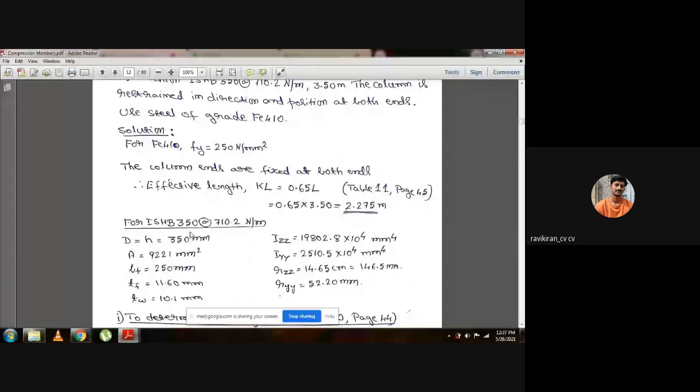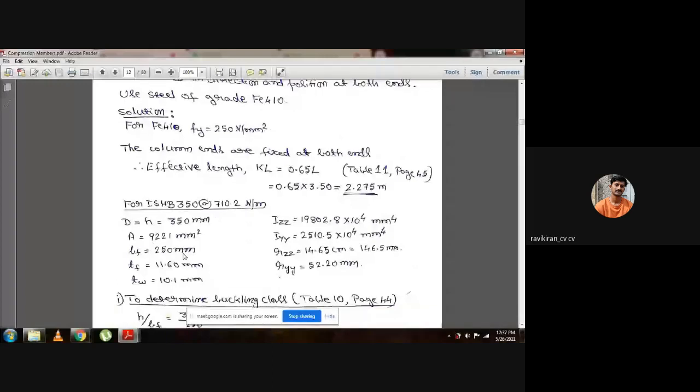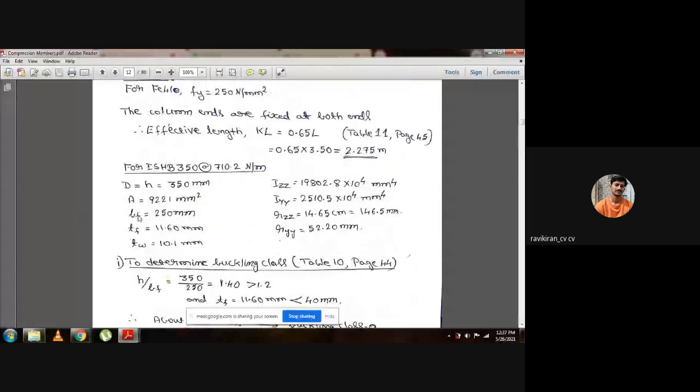And after that, based on ISHB 350, looking into the steel table, we have noted down some sectional properties. That is, what is the height of the section and what is the effective area, breadth of the flange, thickness of the flange, thickness of the web, and IZZ, IYY, RZZ, that is radius of gyration values in both ZZ and YY plane.